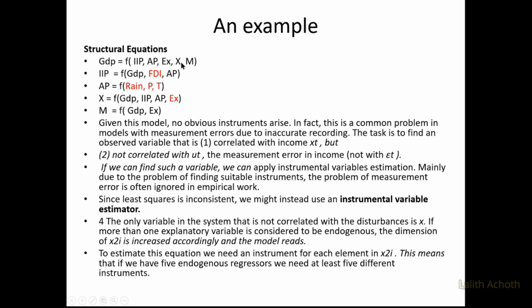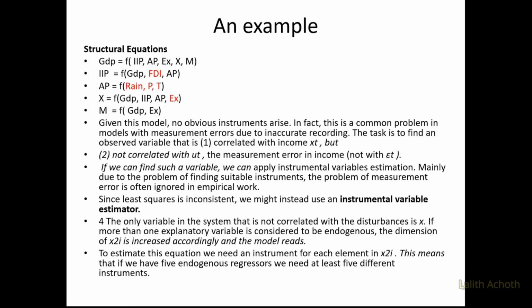Then exports is a function of GDP, the index of industrial production, agricultural production, and the exchange rate. Imports is a function of GDP and the exchange rate. Correct? So we are creating a set of simultaneous equation models.